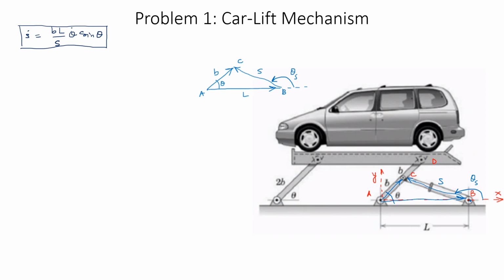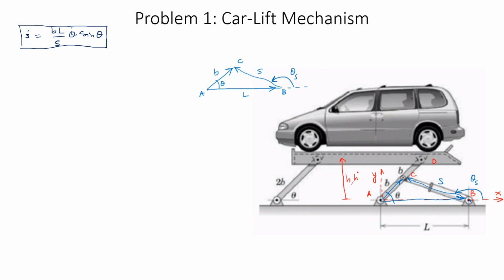But now I need to identify, because the problem statement indicated that I must know how the height is changing with time. This h, or h dot to be precise, the rate with which h is changing, is going to be an important aspect. So let me indicate that over here. This height from this point all the way to this is going to be important, and then the h dot corresponding to it is also going to be important.